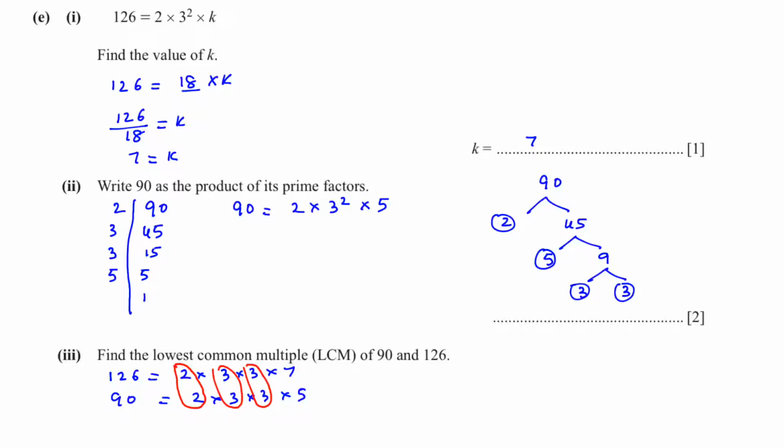These numbers we will treat as 1. So the LCM of 90 and 126 will equal 2 multiplied by 3 multiplied by 3, and these numbers which are remaining, 5 and 7, we will write them also here. And this will give us 630.